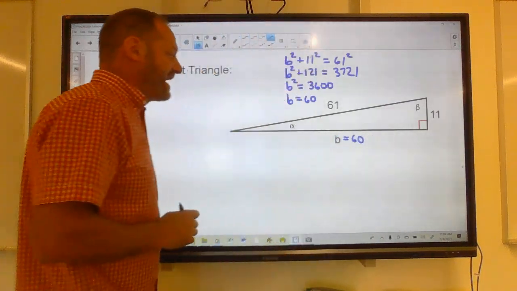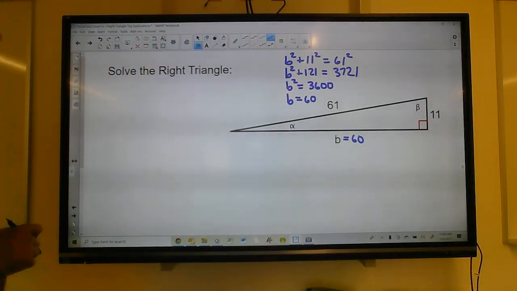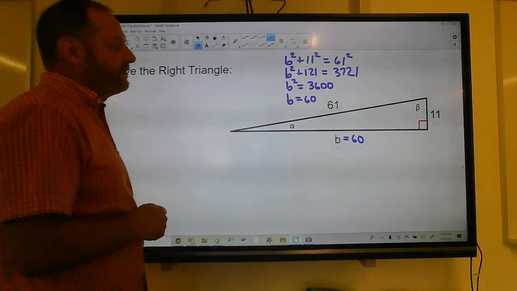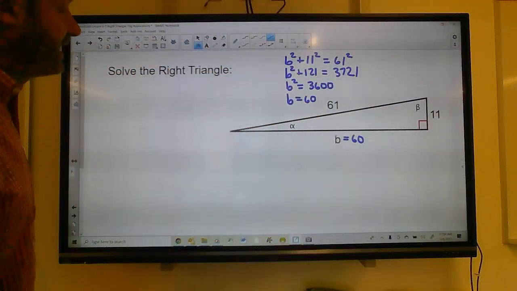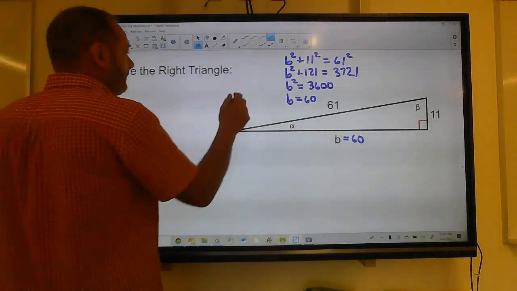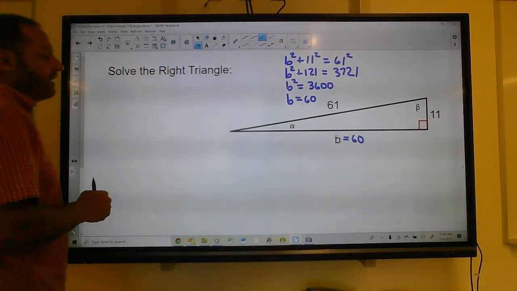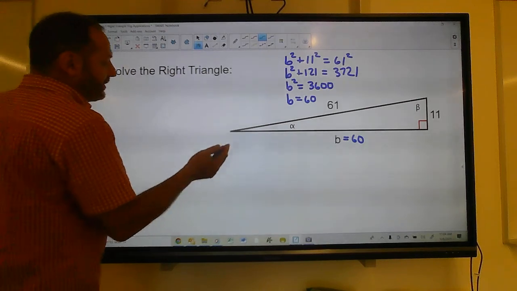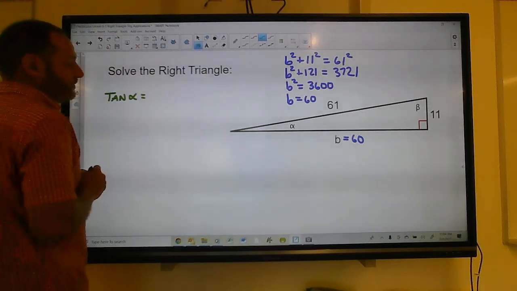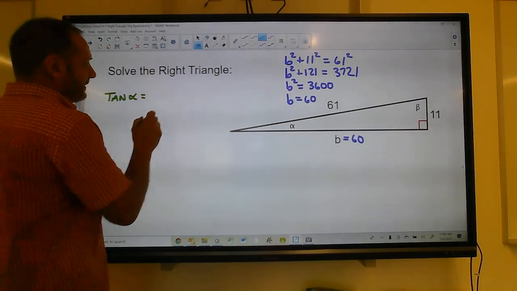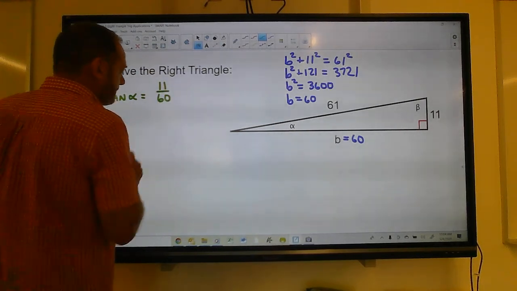So now I know exactly all 3 sides. Now, since I know all 3 sides, I can use whatever trig functions I choose to find alpha and beta. Okay? So if I use alpha, I can use the tangent. The tangent of alpha is the opposite over the adjacent.